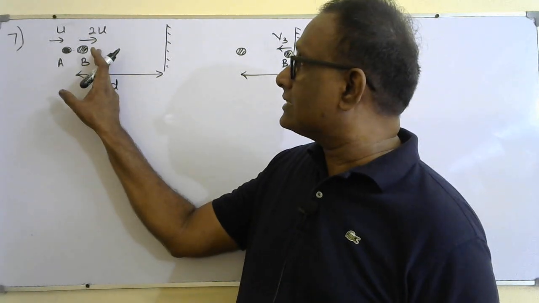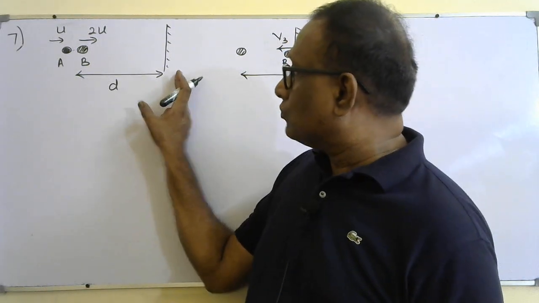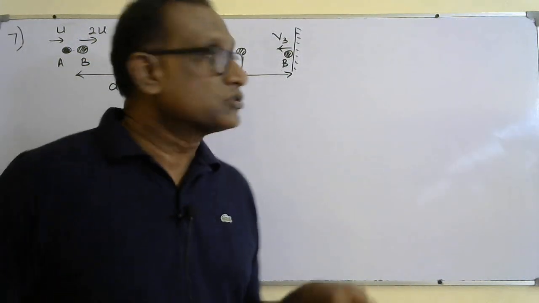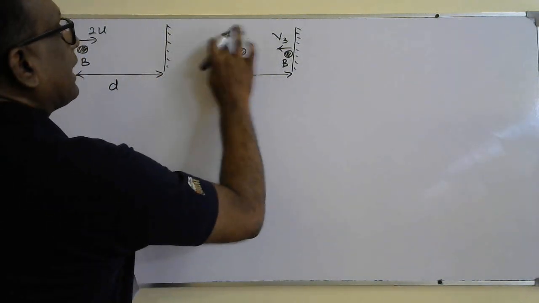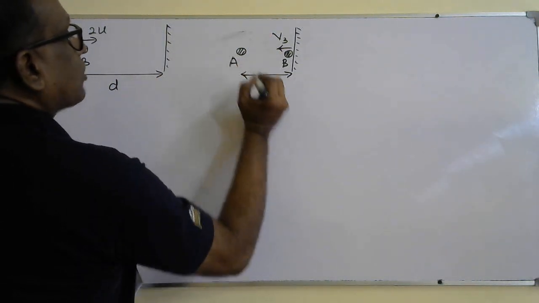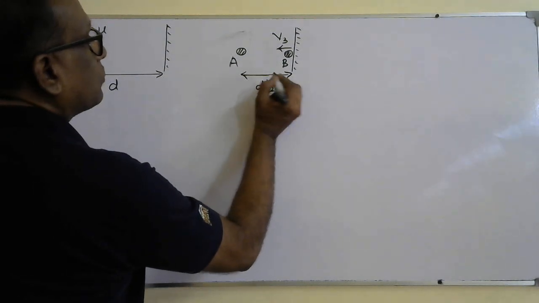So if B travels a distance D and hits the wall, A travels only D by 2. So ball A will be at a distance of D by 2 from the wall.